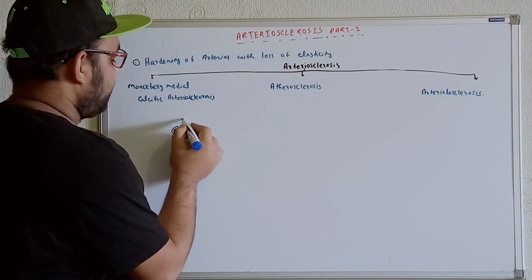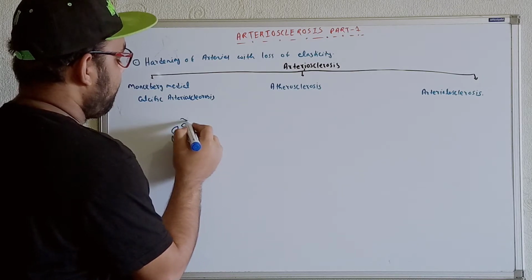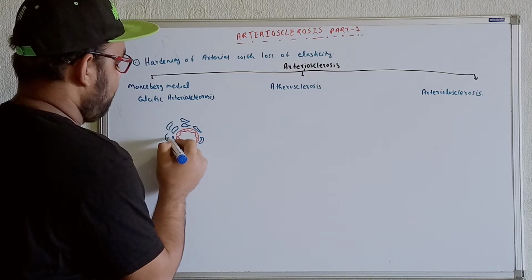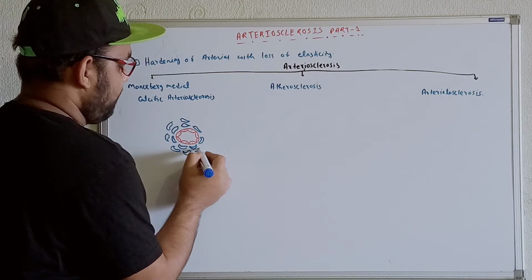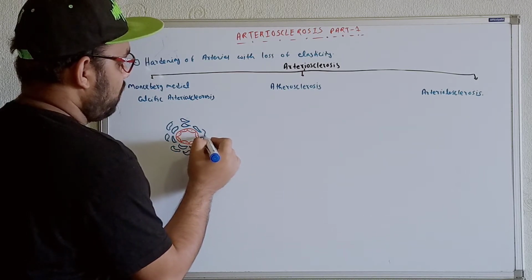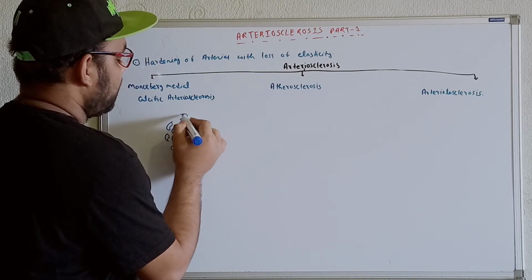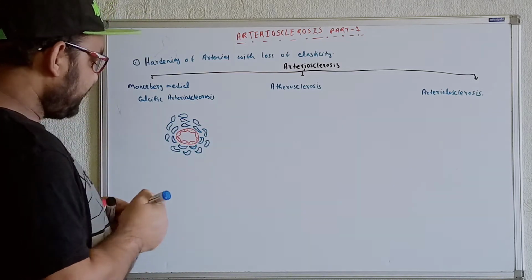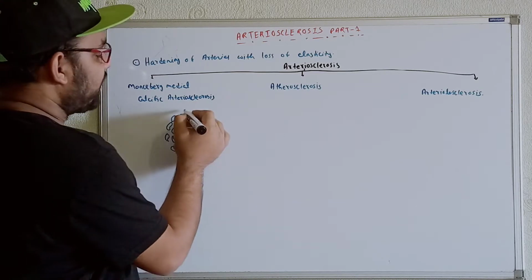Let's draw one more layer over here. This is the smooth muscle cellular layer. And outside that, we will get the tunica adventitia.